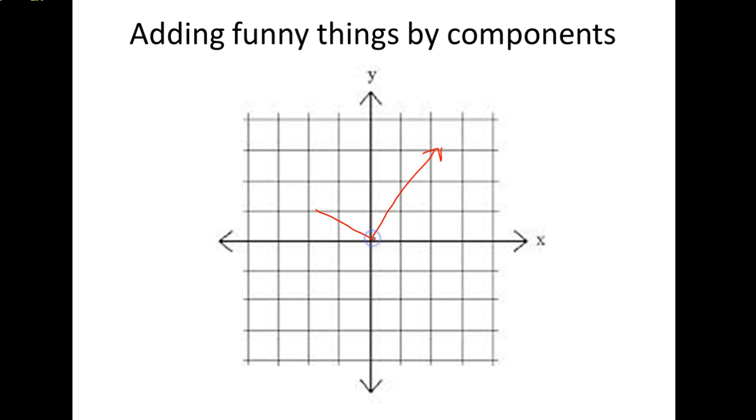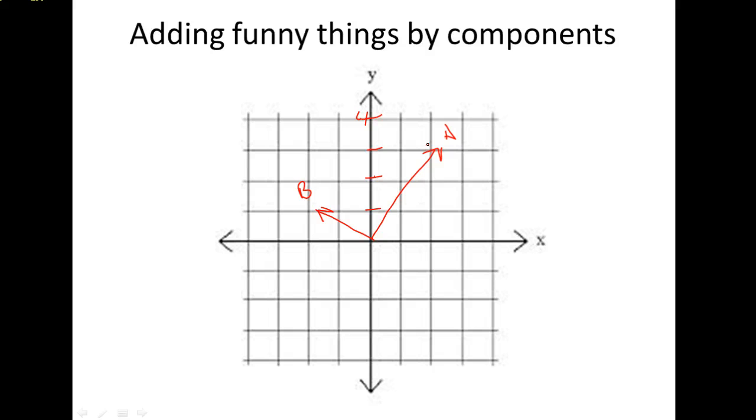Let's say they're like this, and I will call these vector A and vector B, and I'm going to pretend that each one of these squares is 1 unit, so this would be 1, 2, 3, and 4 all the way over here. I'm just going to apply that to the whole graph. I could do the tip to tail rule for these, like I could move B all the way up to the end of A and do some trig, and I'd get this really funny thing. Or I can add the components of the vectors.